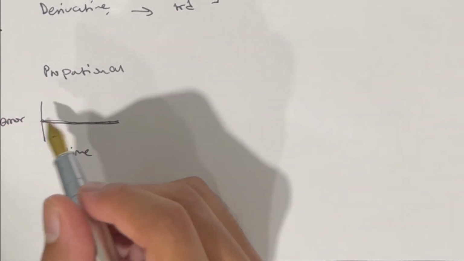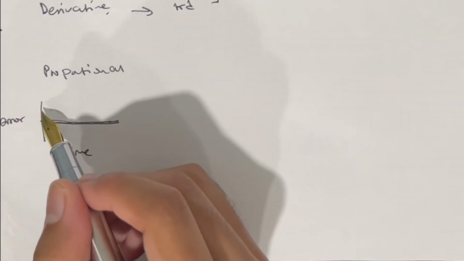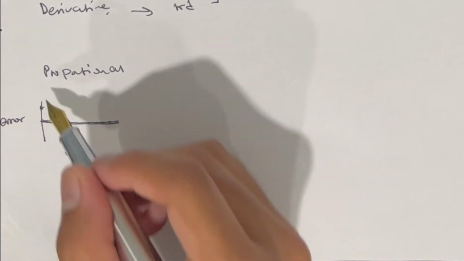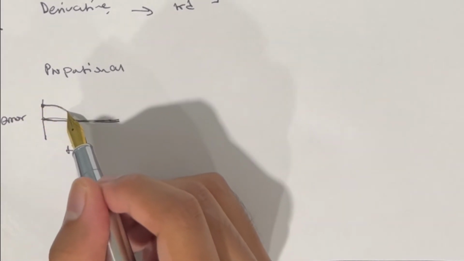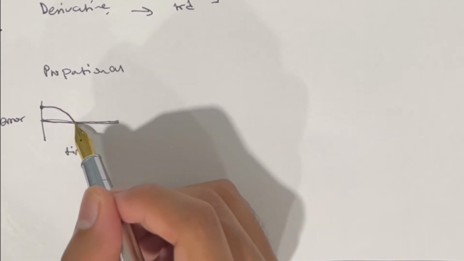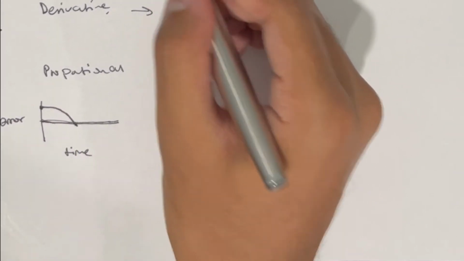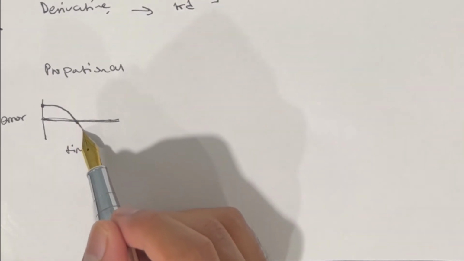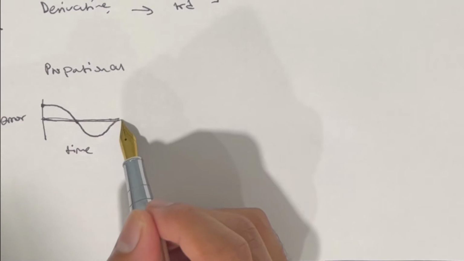And what's going to happen is if the robot starts on the white part of the line, like over here, then the error will be very large, and it will be a positive error. And as we run the program, we want to aim to reduce this proportional, and once we reach the middle of the line, something else might happen, and the robot might all of a sudden be on the black part. And so the error is going to continue increasing, but then we might make an adjustment, and the error might end up eventually becoming 0.